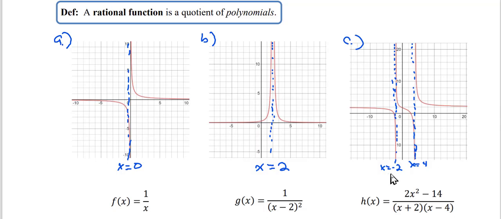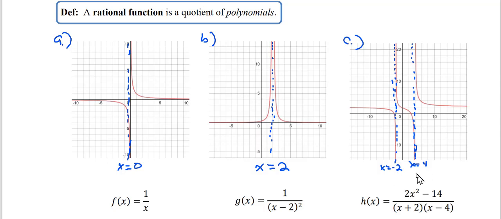Last picture, x equals -2 and x equals 4. Let's do the -2 first. When x equals -2, I get what? 2 times 4 is 8 minus 14. I'd get -6 over, oh, I'm going to get 0 because I'm going to have 0 times -6 in the denominator. So I have -6 over 0 when I plug in -2.